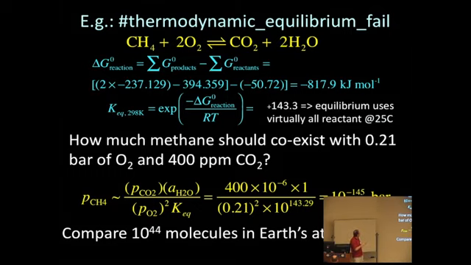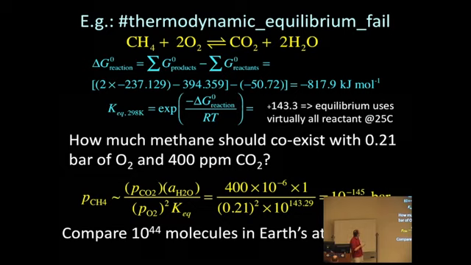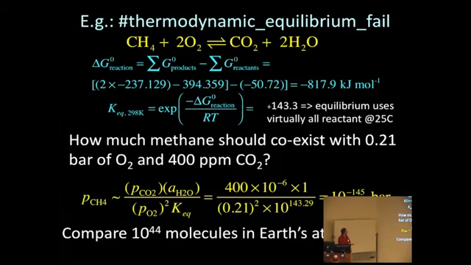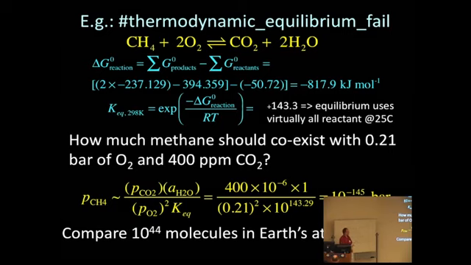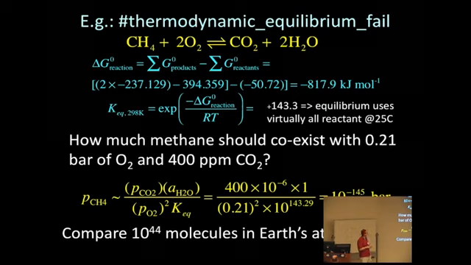You can write the equilibrium constant as the products divided by the reactants, and then rearrange that, and you figure out that the partial pressure of CH4 in equilibrium with this is 10 to the minus 145 bars. Okay, there's 1 bar, so that's also a mixing ratio, but there are only 10 to the 44 molecules in the Earth's atmosphere, so there'd be less than 1 molecule by a considerable factor.